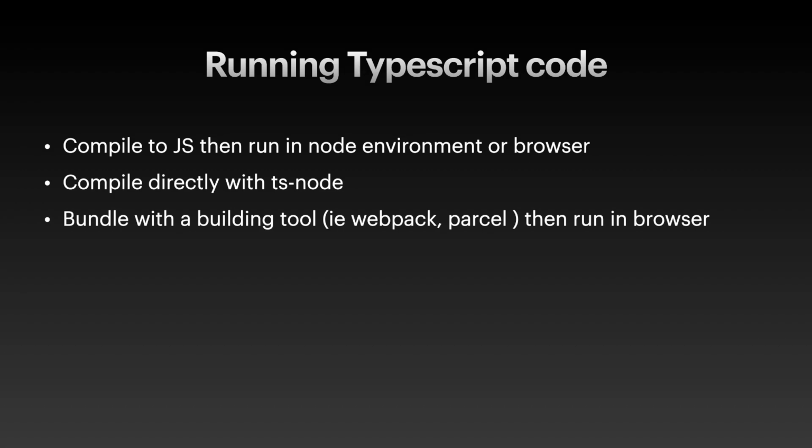Also, we can bundle with a build tool like Webpack or Parcel, then run in the browser. This third option is actually what is used in modern frameworks like Angular or libraries like React. For now, let's see how we can use the first option.